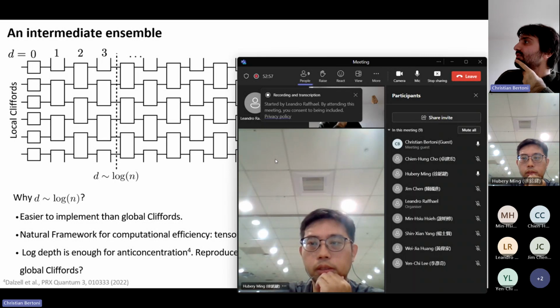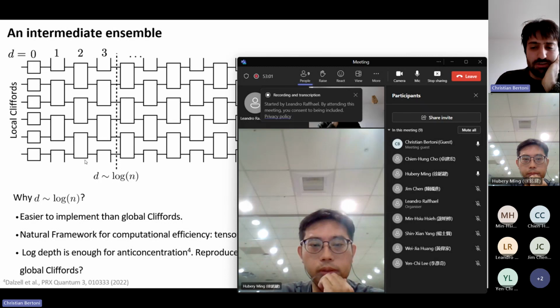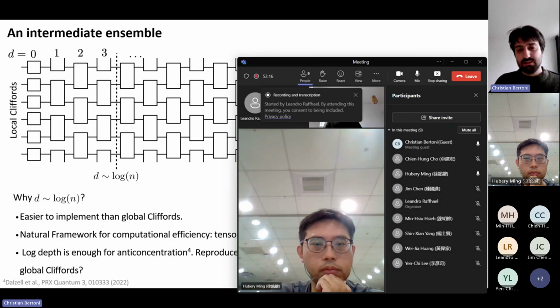I'm not sure I understand the question. I'm going to try to answer, and let me know if I misunderstood. Each one of these gates is, let's say, a Clifford. We can always pick it to be a Clifford. There are algorithms where you can pick a random 2-qubit Clifford from the uniform distribution.